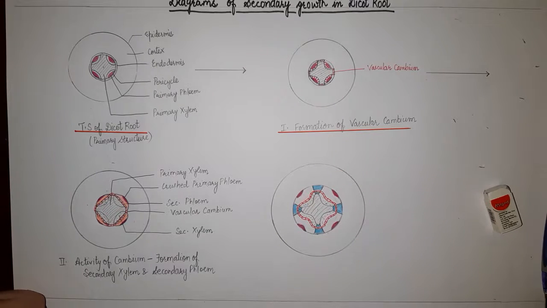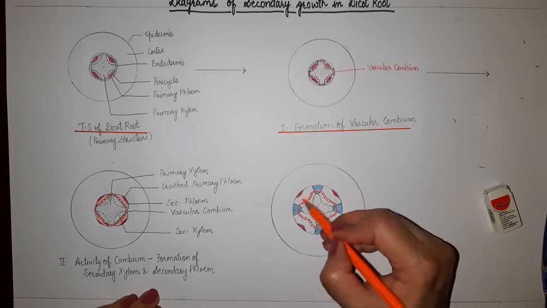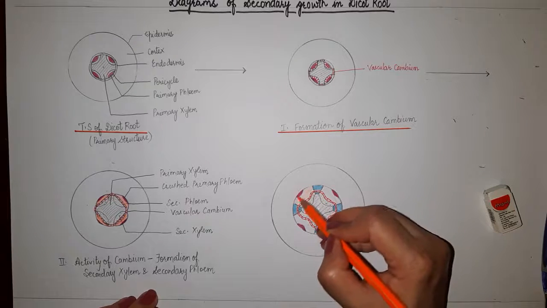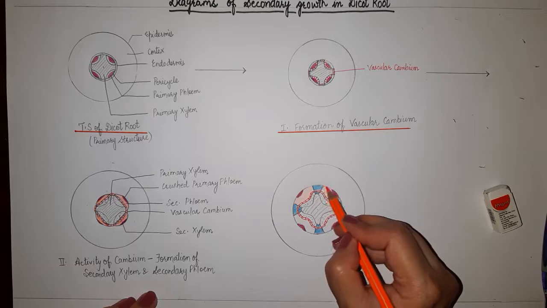So, both towards the inner and outer side, and now the area left, this is of secondary phloem.